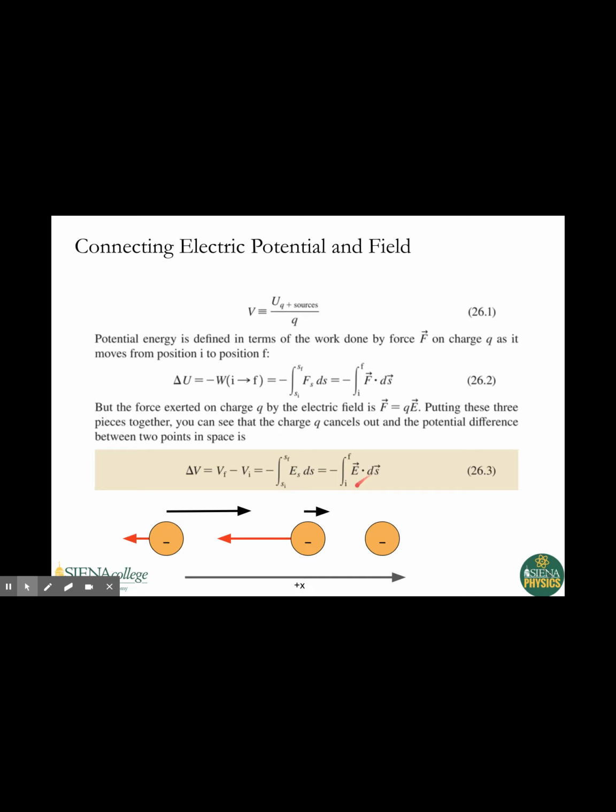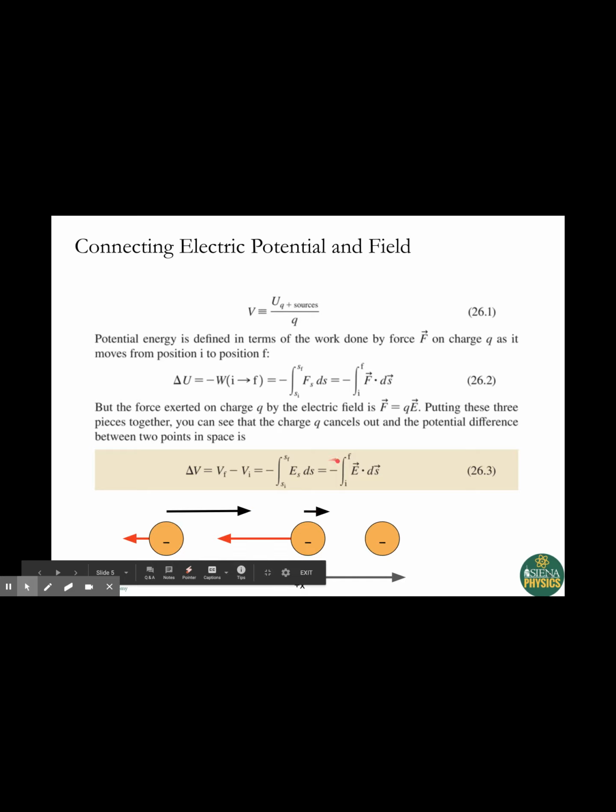I'm going to have a negative E ds. If I look at this example, here is my source charge, a negative charge, and I have a charge here with a velocity. It feels a force to the left, and as it moves to the right, it's slowing down, and it feels a stronger force.